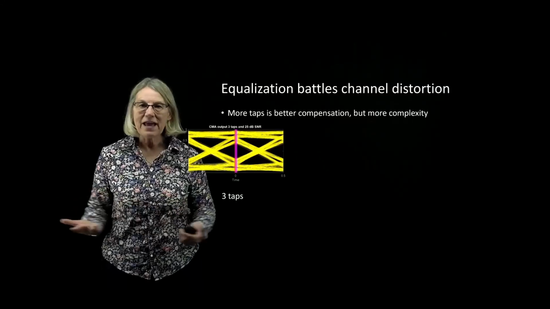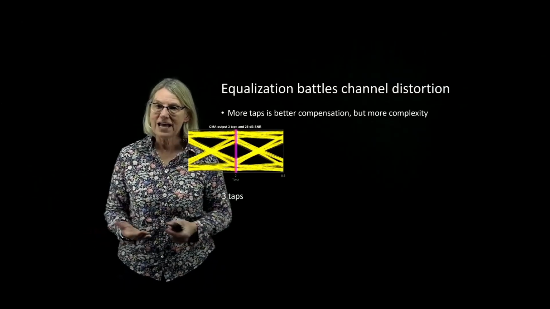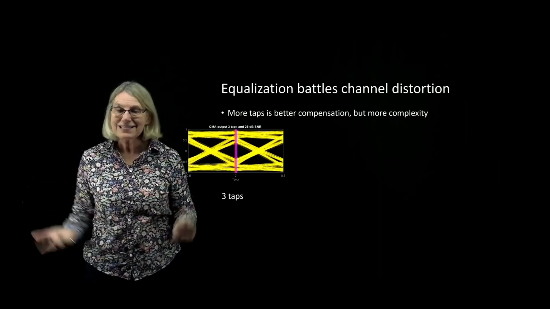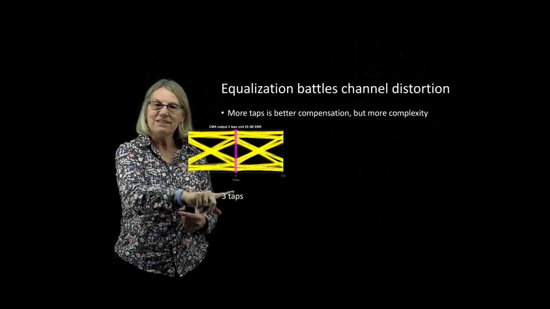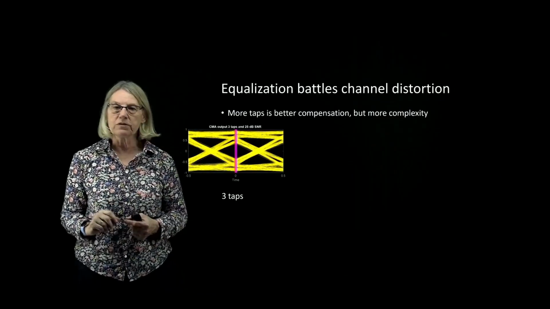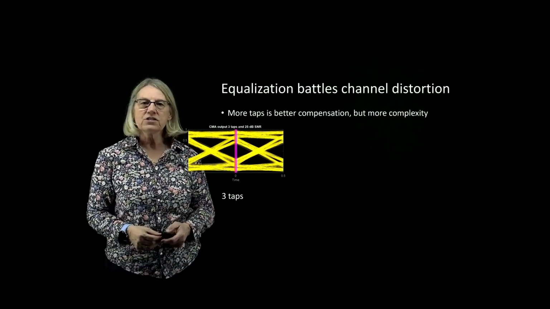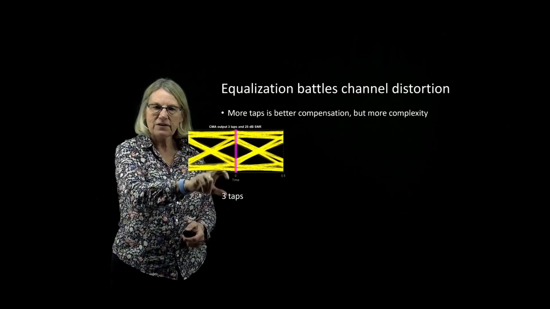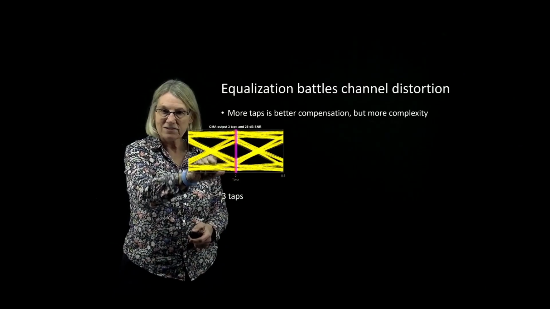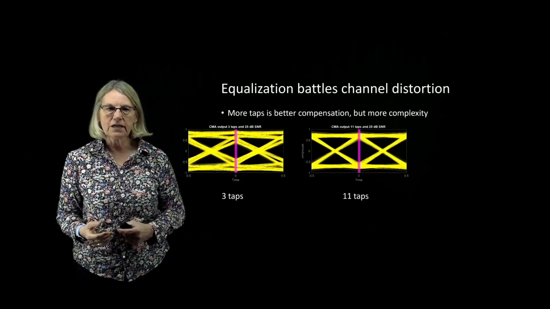And the CMA algorithm is a linear filter, and the linear filter has a certain number of taps. And depending on how many taps I use, I will be more effective in my equalization. In this case, I have an example that's very, very simple, just a 3-tap equalizer. And you can see that I still have separation, very thick rails for the plus and minus 1, and the eye opening therefore is relatively small.